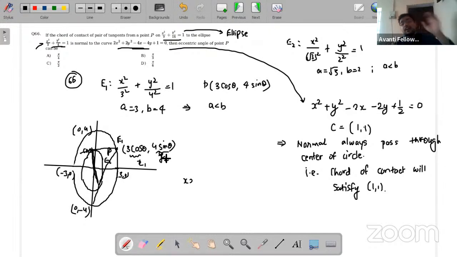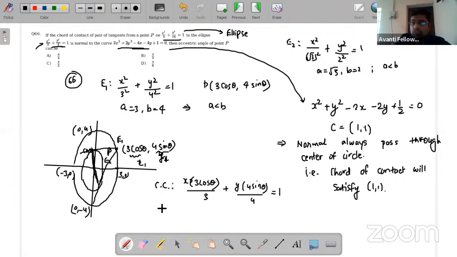So if x1 comma y1 is the point, then chord of contact is xx1 upon a square plus yy1 upon b square is equal to 1. So x into 3 cos theta by 3 plus y into 4 sin theta by 4 is equal to 1. This is my CC. CC means chord of contact.